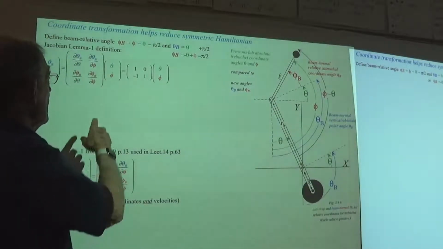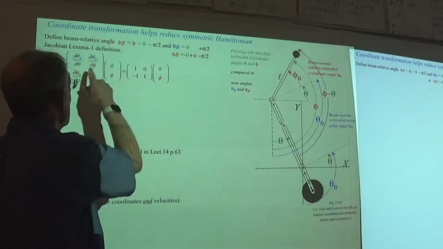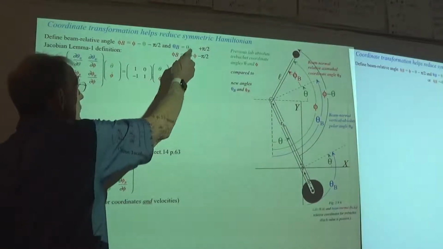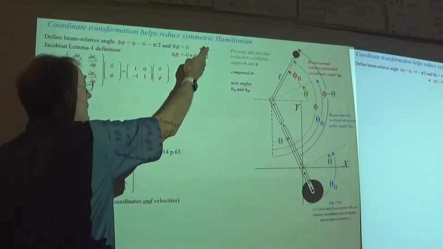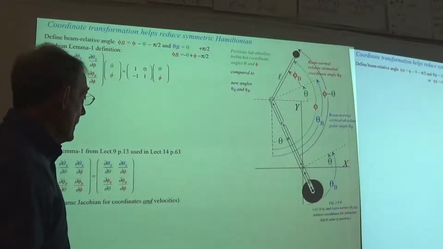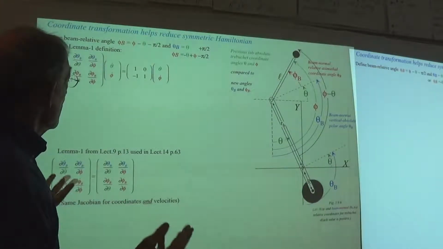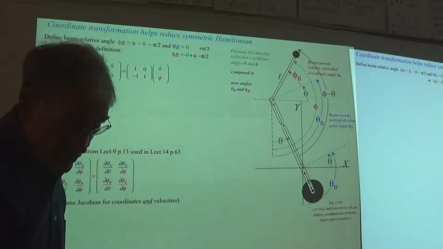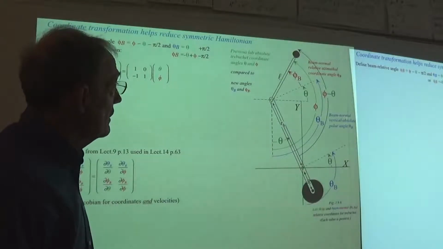In this case, that comes out to be this right here: the partial derivative of theta b with respect to theta is just 1, with respect to phi is nothing. And then the phi b line gives you minus 1 and 1. So this is an example of a coordinate transformation that involves generalized curvilinear coordinates of the worst kind.